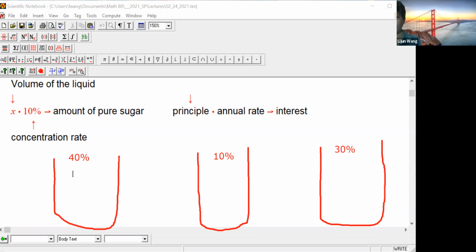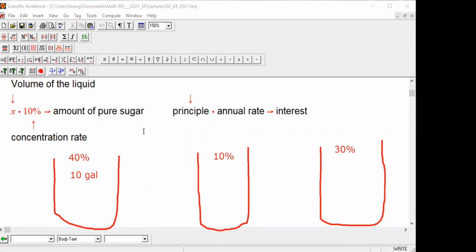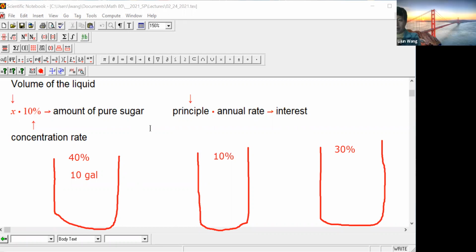So how much of the 40% juice do we have? Could you guys tell me? 10 gallons, right? Does everybody follow me? How much of the 10% do we have?